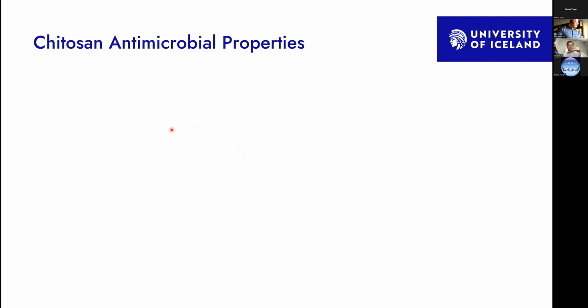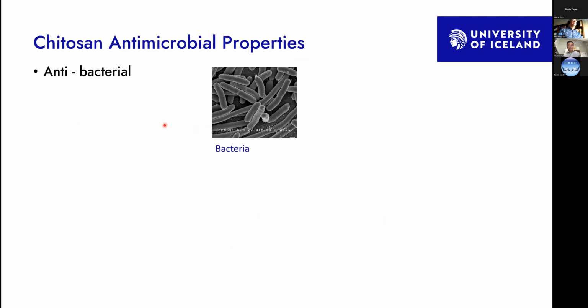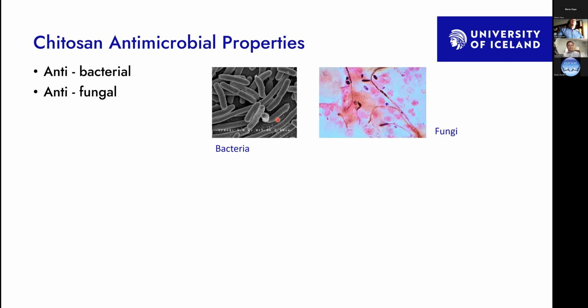And it has quite wide properties. It's used as an antibacterial, and what I'm going to discuss, we have mostly investigated, is the antibacterial use of chitosan. It is antifungal, and that's quite confirmed.